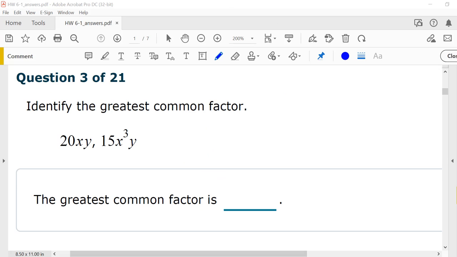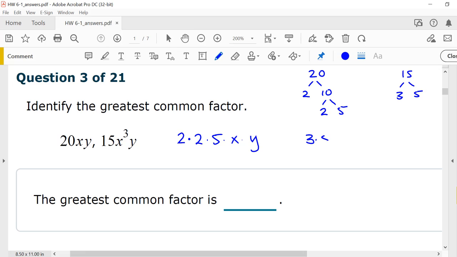For number 3, find the GCF. The number 20 is 2 times 10. 10 is 2 times 5. So for 20xy, prime factorization, I get 2 times 2 times 5 times x times y. Now for 15, 15 is 3 times 5.